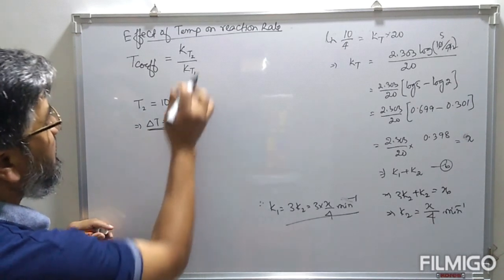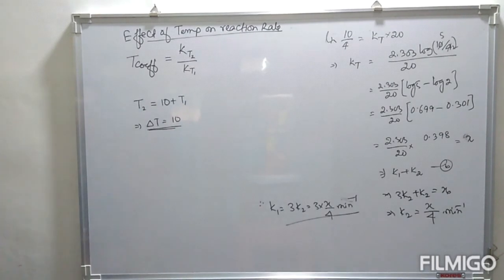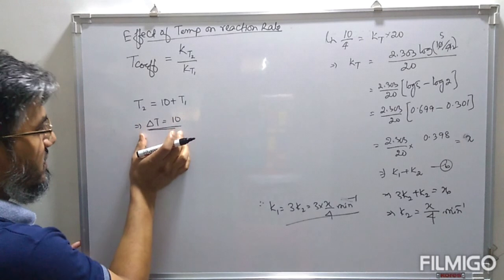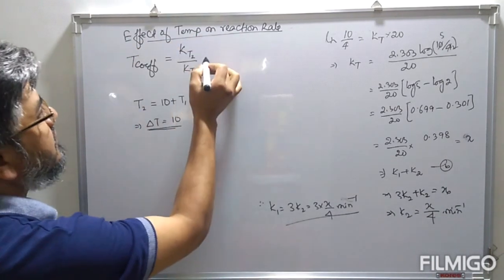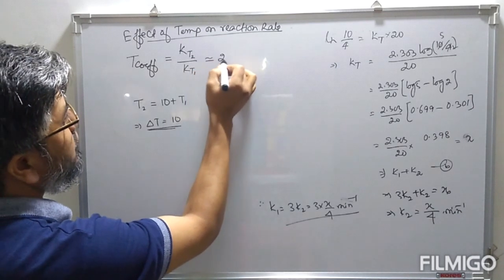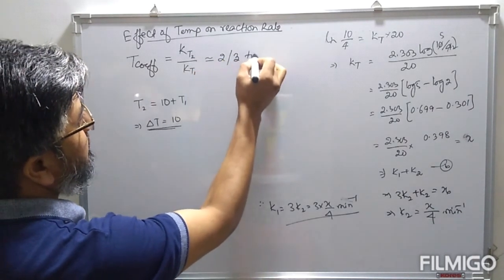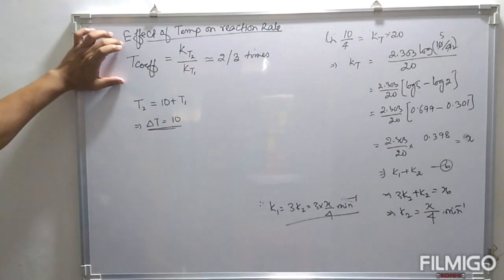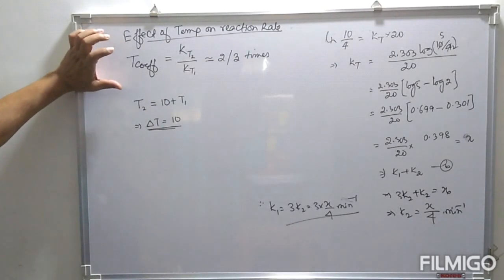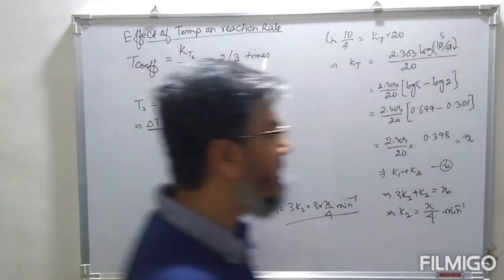That means there is a difference of 10 units between T2 and T1. Whenever the temperature changes by 10 units, the effect on the rate of reaction is approximately 2 to 3 times. So this ratio is what we call the temperature coefficient. From this we are simply saying that whenever we increase the temperature, the rate of reaction increases.